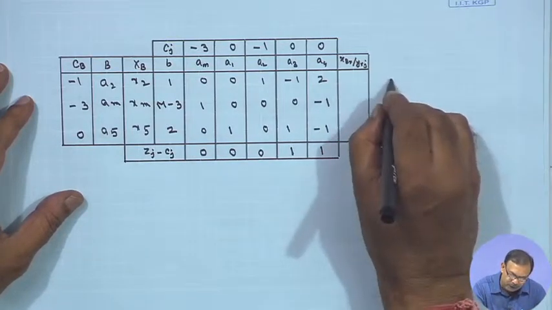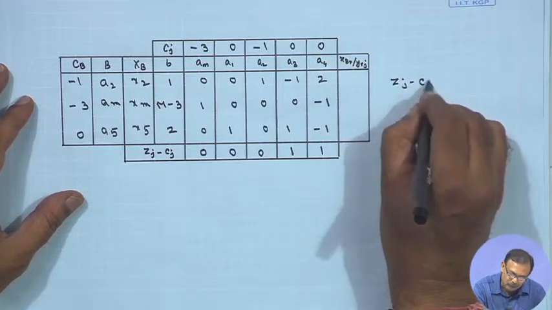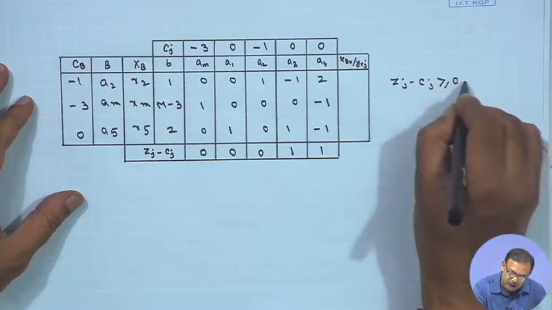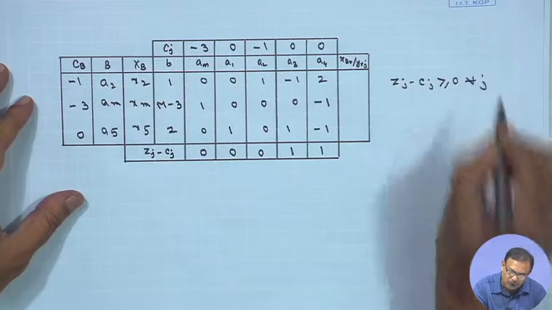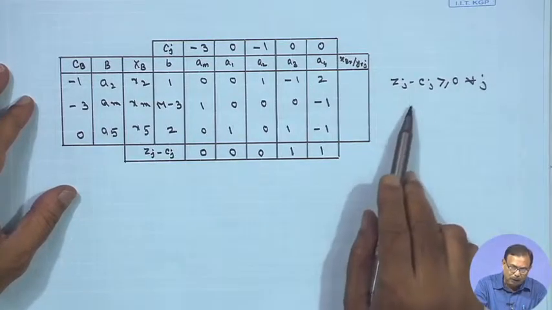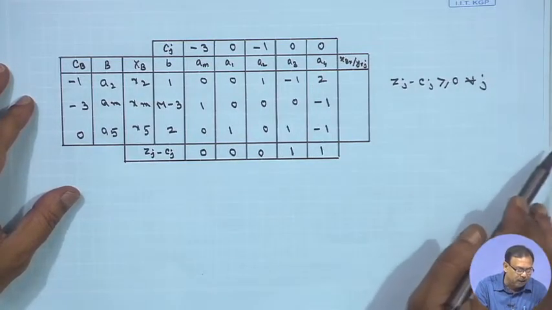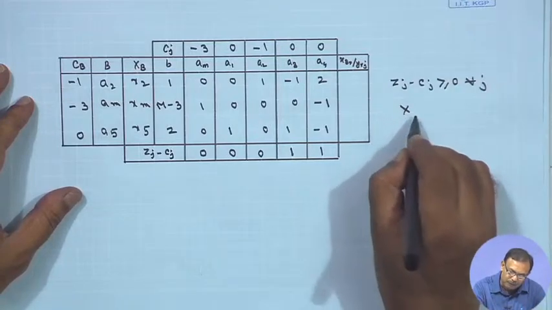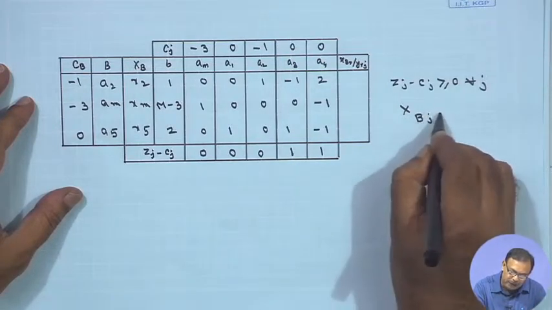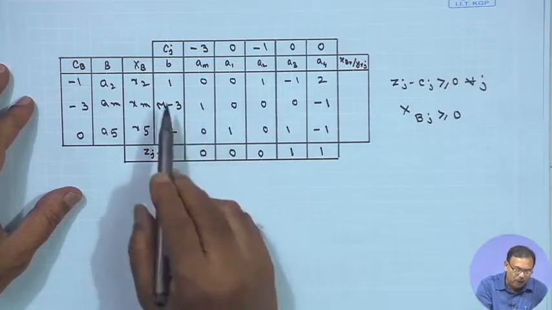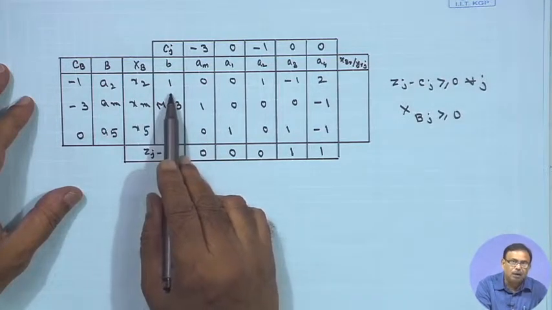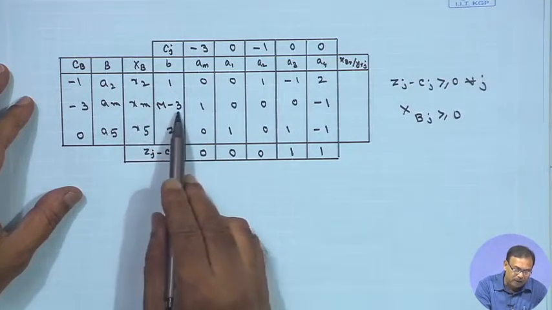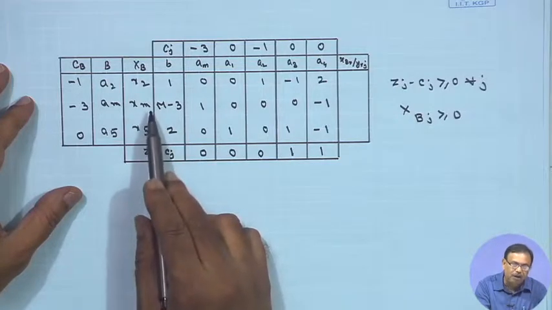So, now you see your zj minus cj is greater than or equal to 0 for all j. For this problem zj minus cj is greater than or equal to 0. Your xbj are greater than or equal to 0: x2 value is 1, xm is M minus 3, where M is sufficiently large.